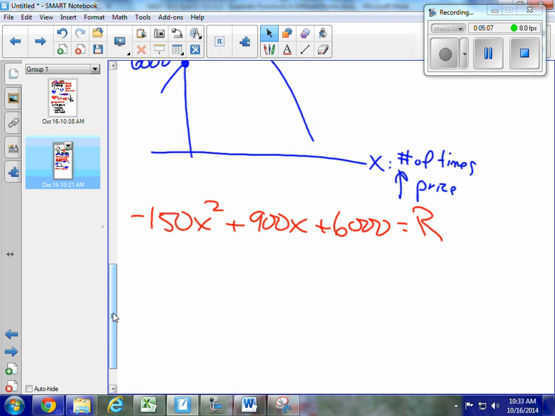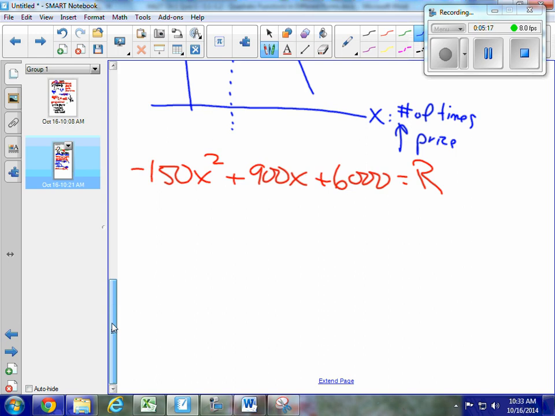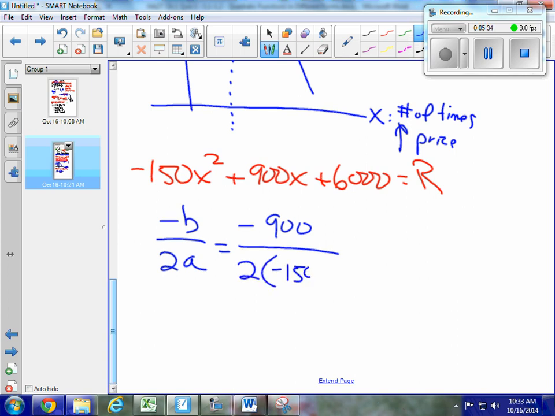Well, the maximum revenue is going to be my vertex, and that will happen right along the axis of symmetry. So let's figure out my axis of symmetry. Negative b divided by 2a. Negative 900 divided by 2 times negative 150.